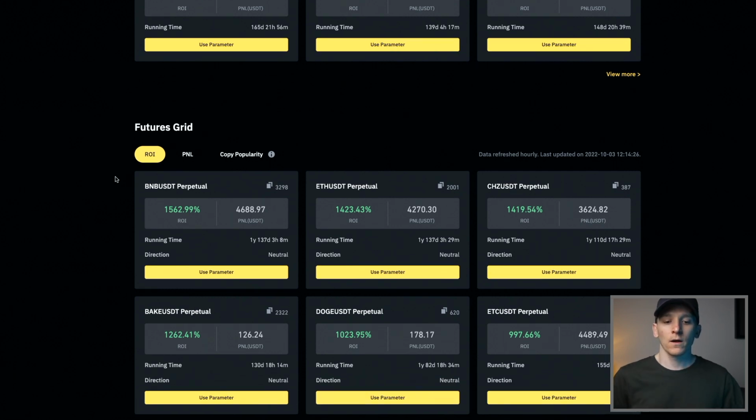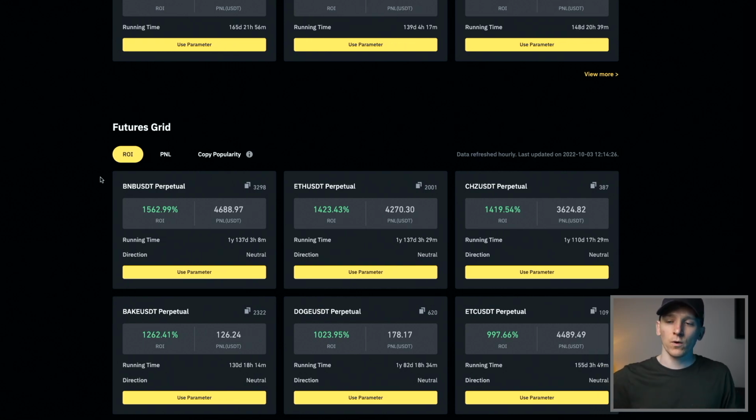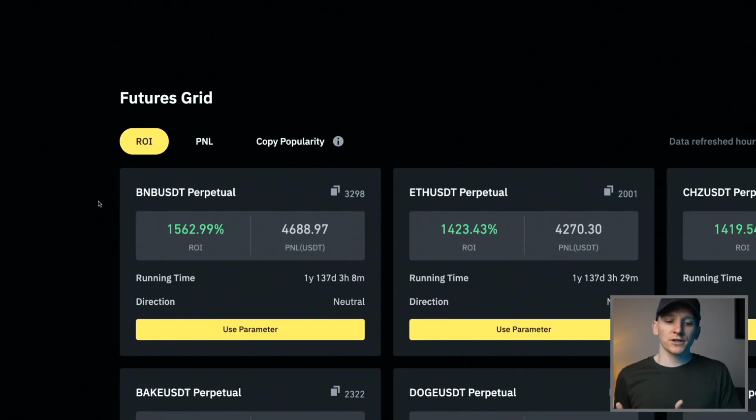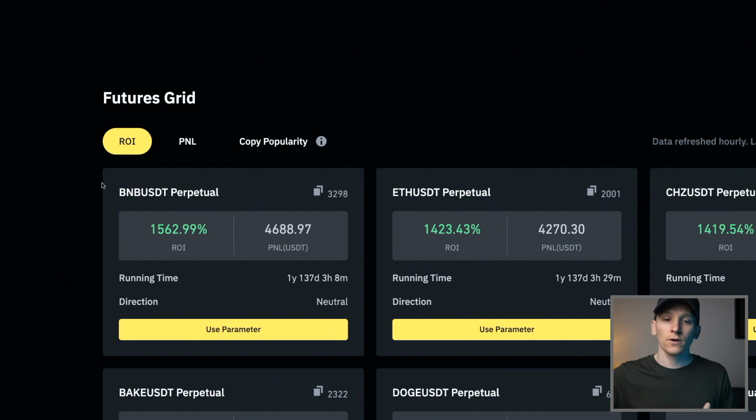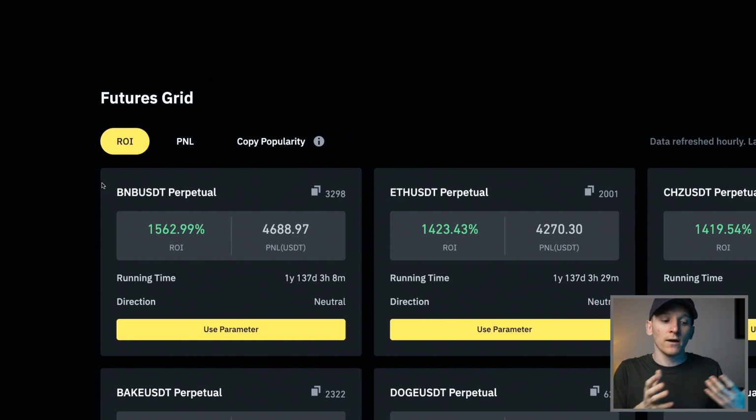For example, with a spot grid, let's say you have some Bitcoin or BNB coin or something like that, you can actually leave some of that in strategies. So if you do have enough for a $5,000 position, you can actually leave $4,000 of that in other strategies. For example, staking BNB coin, which yields around, let's say, 5, 6, 7%, right? You can use a small amount of it to actually fund your futures grid.